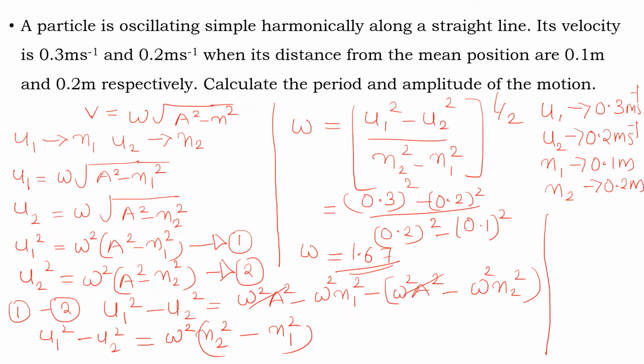Then the period can be represented as T is equal to 2 pi by omega. That is 2 into 3.14 divided by 1.67. And that is the period is 4.868 second.